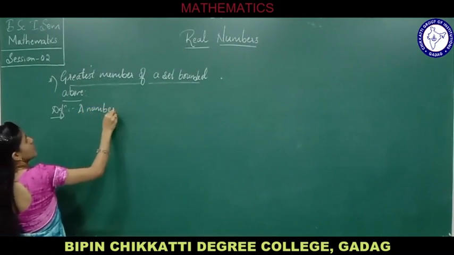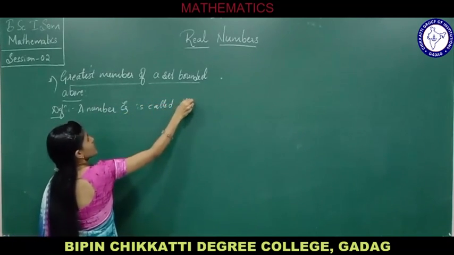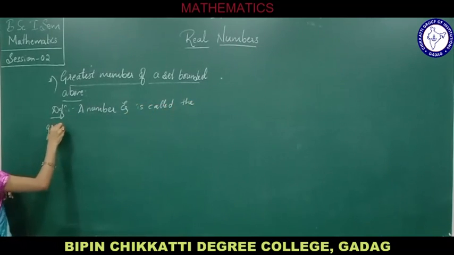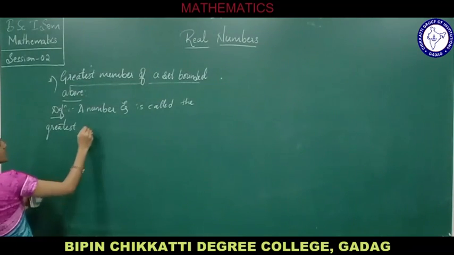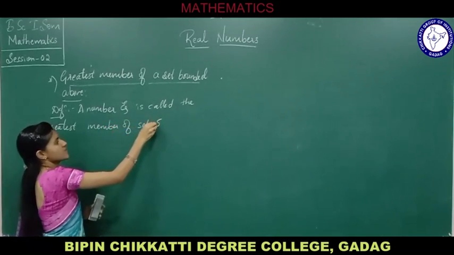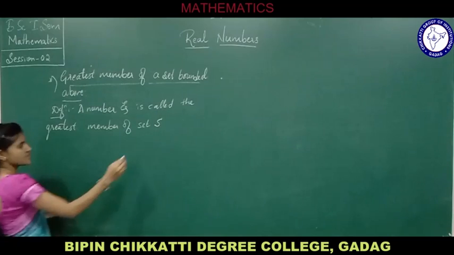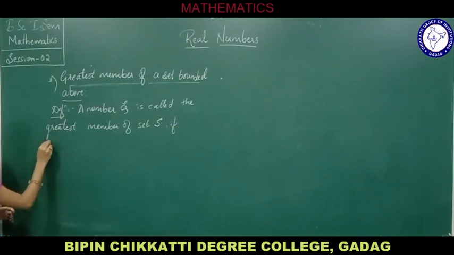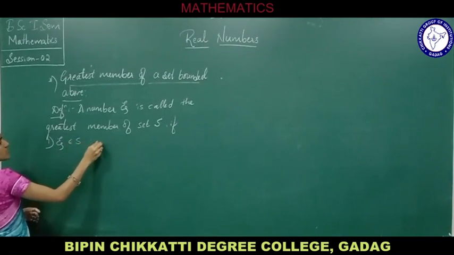A number epsilon is called the greatest member of set S if, first, this epsilon should belong to S. What does this mean?